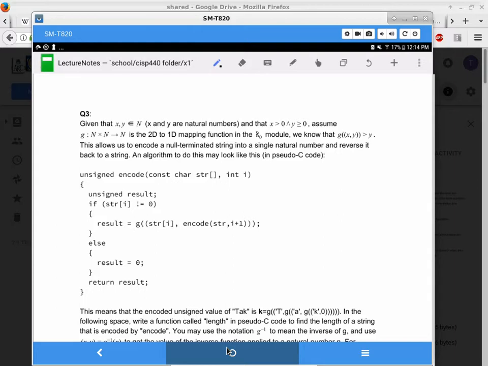I go like, oh, I can do strings with function G. I can basically fold the characters of a string into a single space, into a single line. So I just decided, we'll go with that. And since CISP 440 is the co-requisite of this class, it implies that all of you should have taken 400 and 360 already.